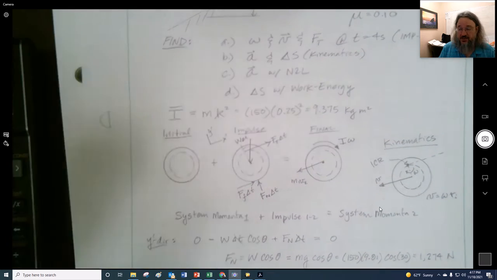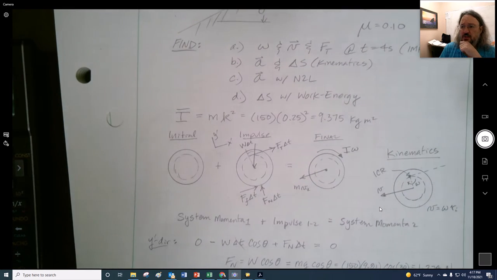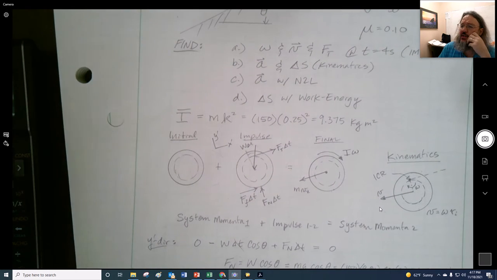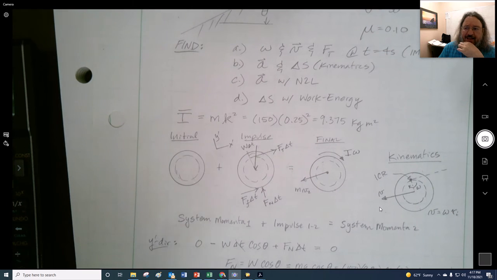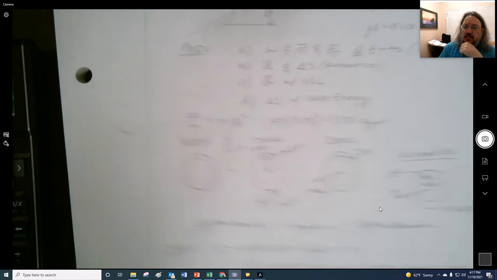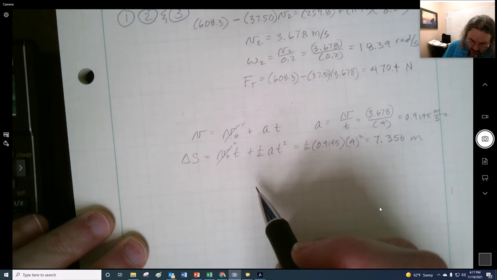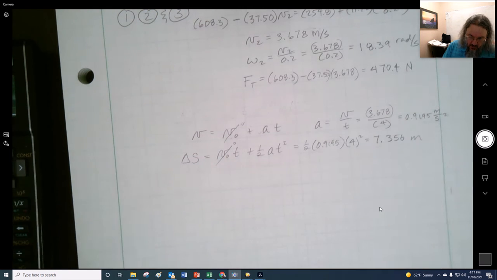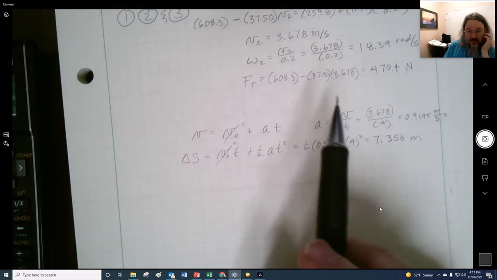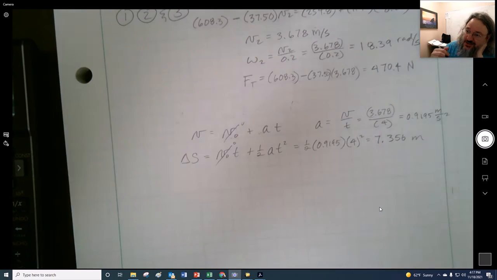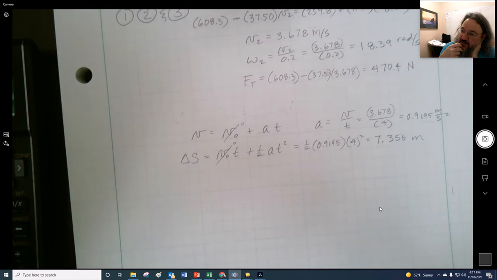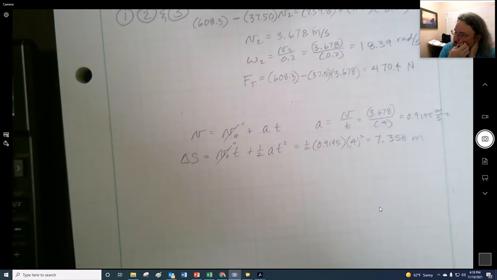So now we want to do the hard work of part C, find the acceleration. Here's one that I'm a little concerned about because of the angular acceleration. I think I'm going to be okay. So maybe we want to solve for what the tension is going to be. Maybe that's the way to go.